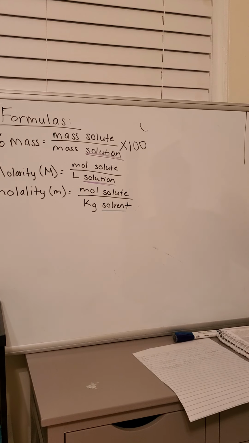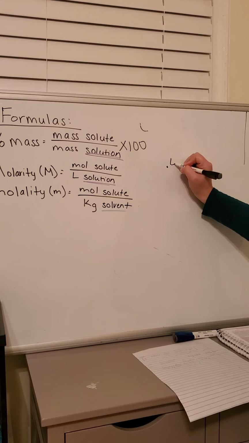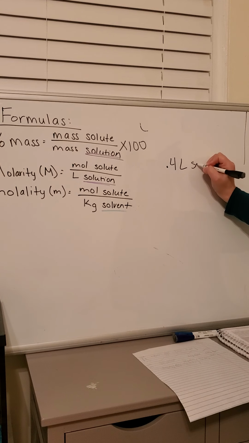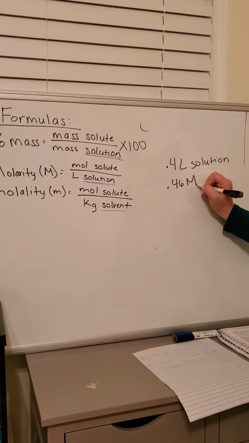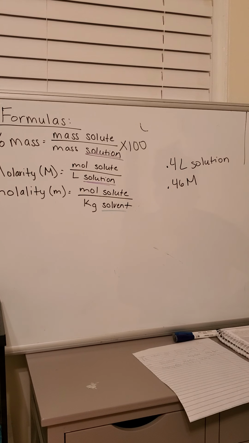We have 0.4 liter of solution, and we have a 0.46 molarity HCl solution. Now all we have to do is plug these in.